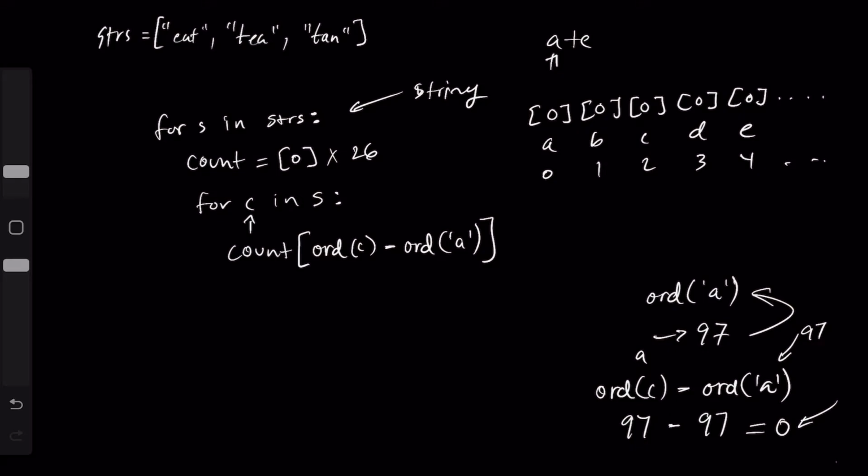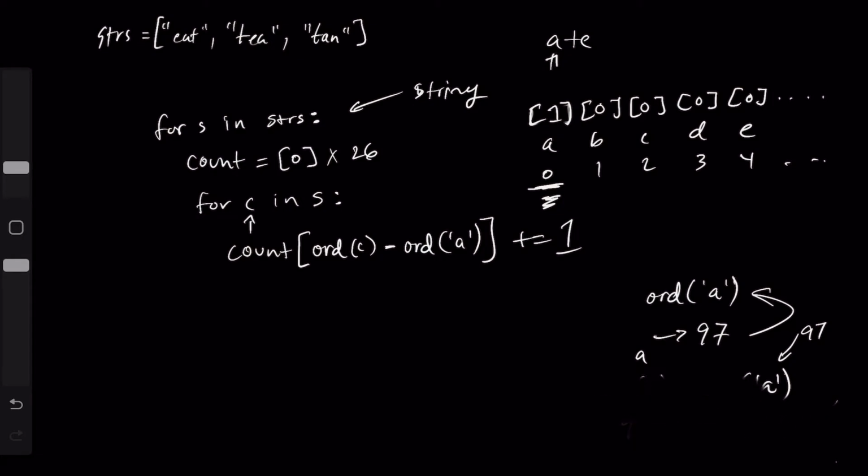Then we want to add, so plus equals 1. What this is doing is saying we saw A once, so at index 0 we set 1. So we have one A. That's how it would work with all the other letters.